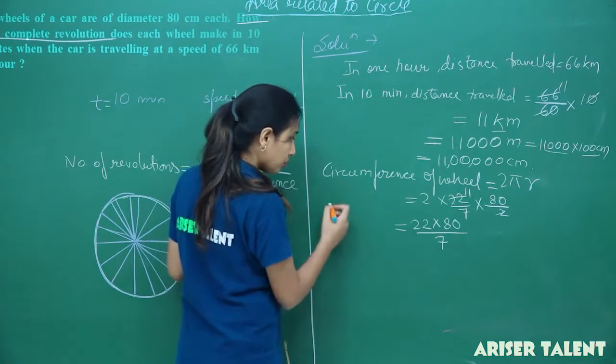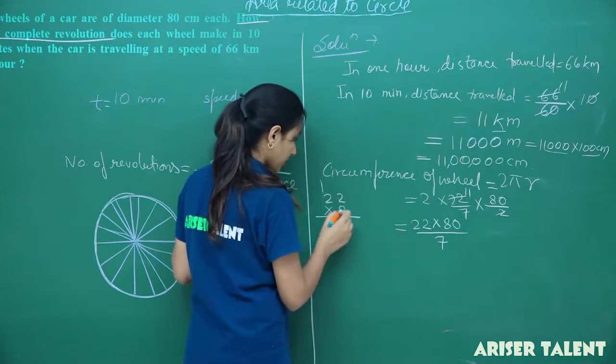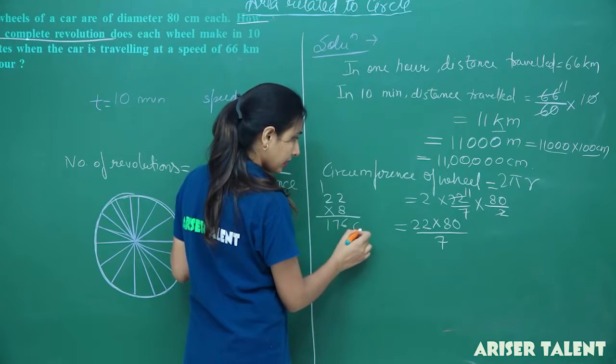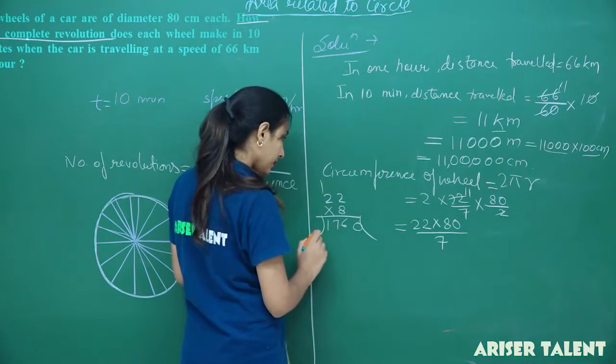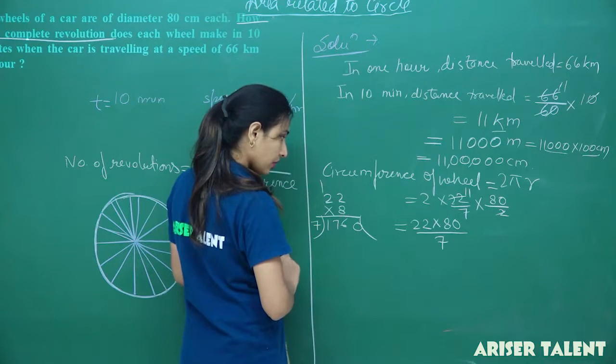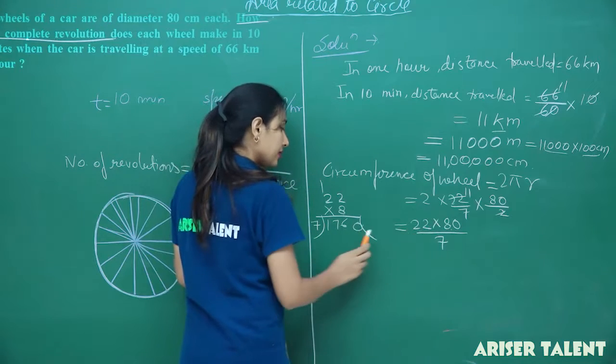Now what will I do students? I will just calculate it. I have multiplied this 22 by 8 here and added this 0.